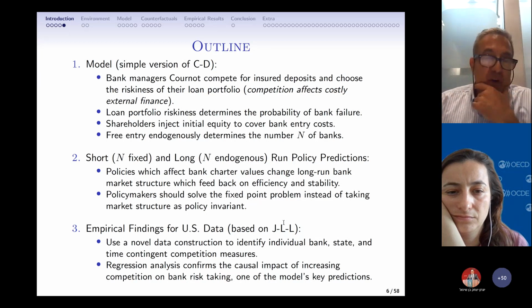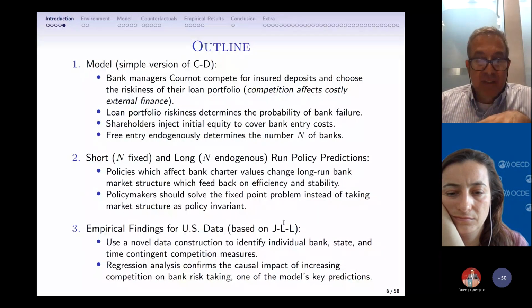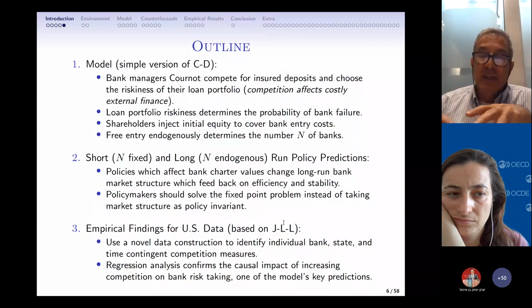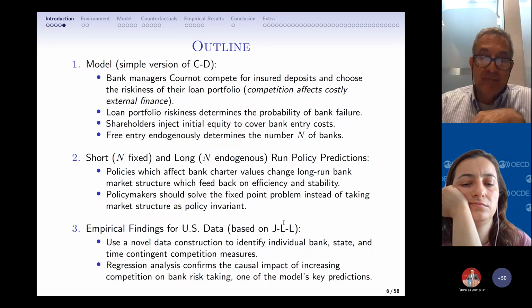And then what I'm going to end with, hopefully I've kept enough time, is an empirical part, which is based on the data that Ross Levine has. He constructed this very novel data set that uses a gravity model borrowed from international trade models to generate individual bank, state, and time contingent measures of competition.